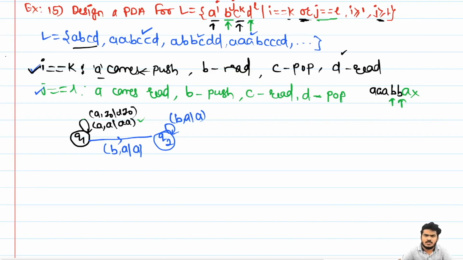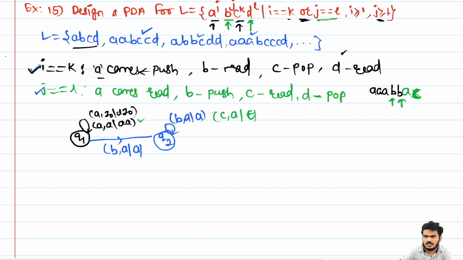Now suppose b's are over, and after that I am getting c. For this c also I am changing the state, because if this c occurred, and I have done this operation here, suppose c and top of the stack is a, giving epsilon.